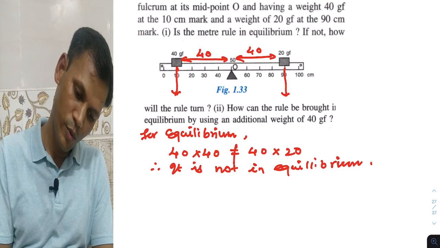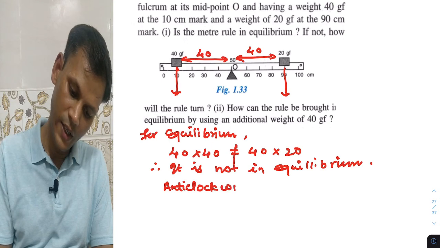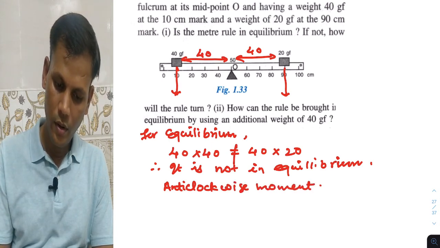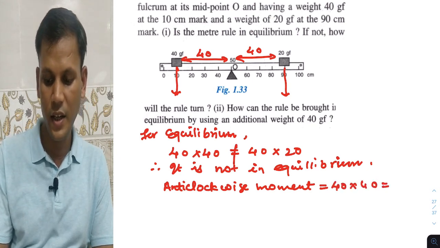So anticlockwise moment is equal to 40 into 40, that is 1600 Newton meter.